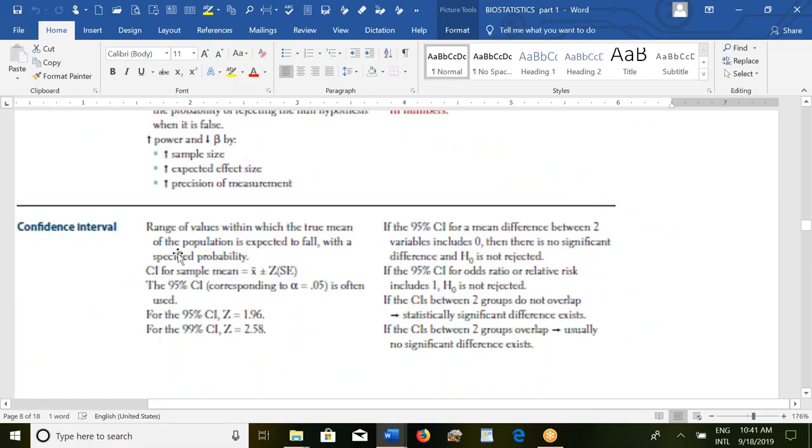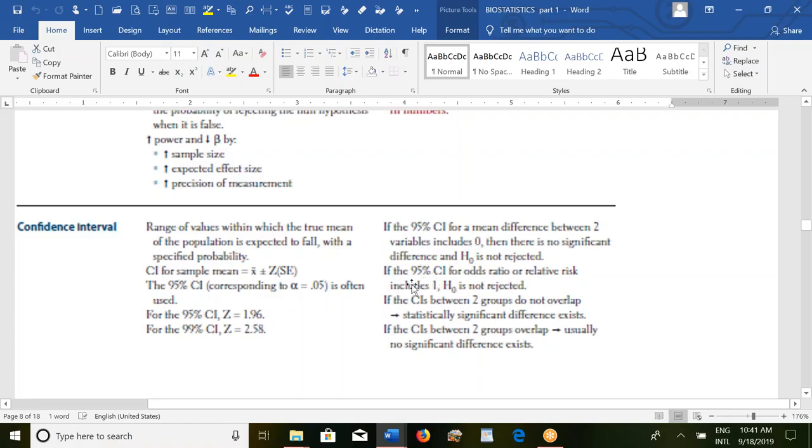Confidence interval is the range of values within which the true mean of the population is expected to fall with a specific probability. So if the 95% confidence interval for a mean difference between two variables includes 0, then it is not a significant difference. If the confidence interval includes 0, then it is not reliable.